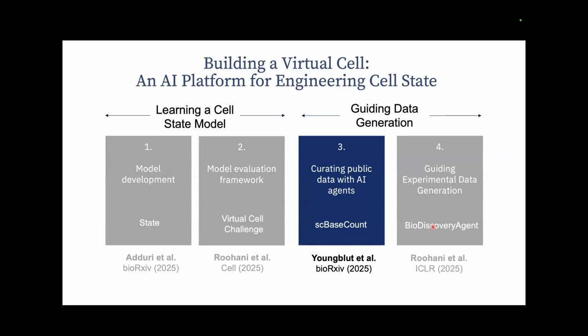So in the spirit of clean, large data sets, we also wanted to think more deeply about how we can leverage AI, not just for developing models and evaluating them, but also for better curating public data repositories and cleaning them up using AI. In this spirit, we developed what we call scBaseCount.